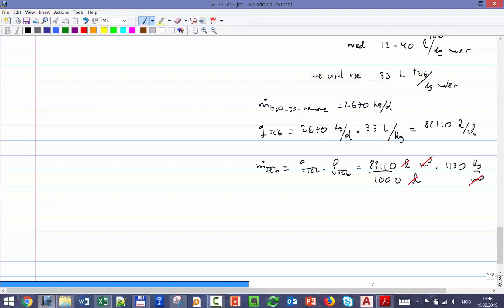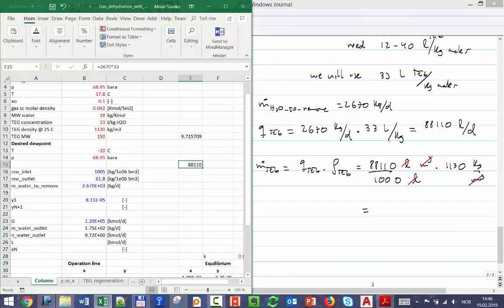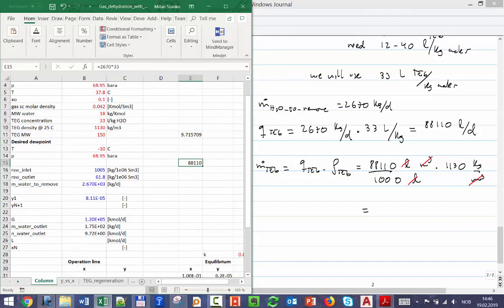How much do I get here? 88,000 divided by 1,000 and multiplied times the density.